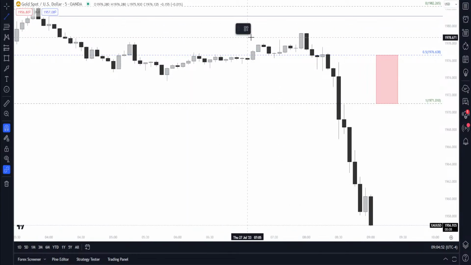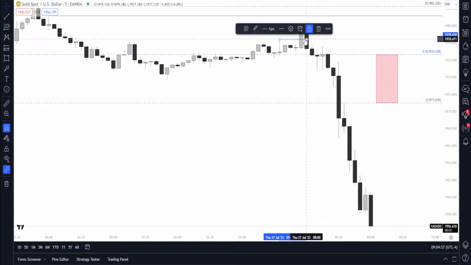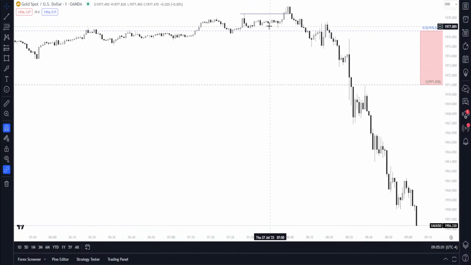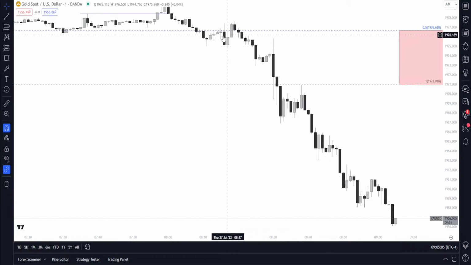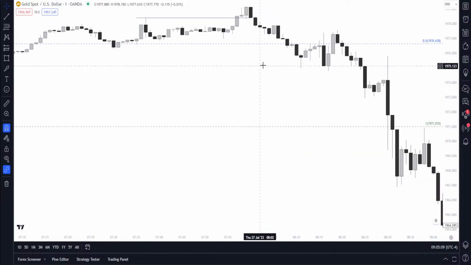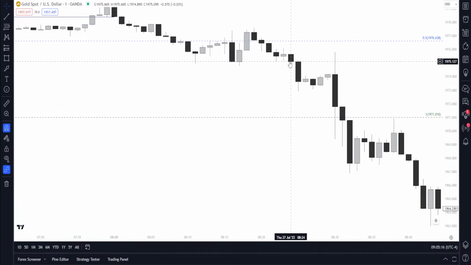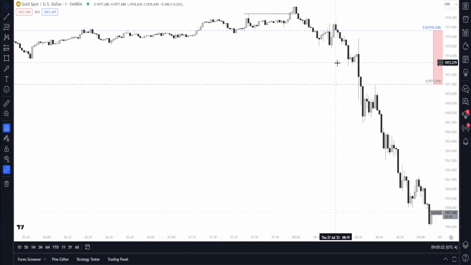So this happened right here. And if we go to 1 minute, when price closed above it was right before 8 a.m. and price went down. So if we took the first engulfing after 8:20, it would have been this one here. But this is below the 50%, so it was already not valid.